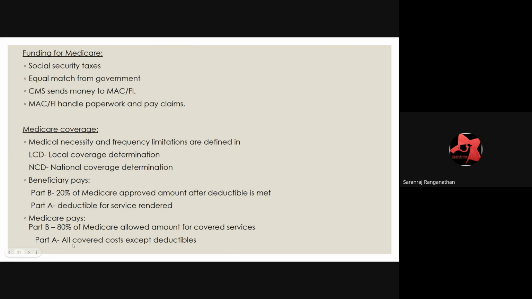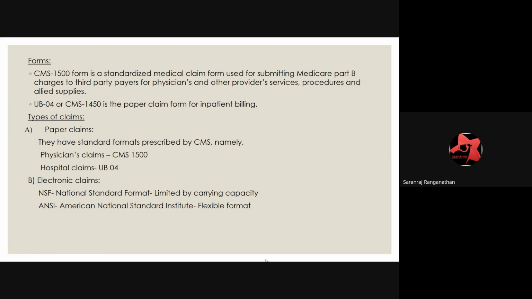Then Part A means all covered costs except deductibles. So the particular amount we are paying from the patient side is checked based on Part A and Part B. Like that, the difference will be there.